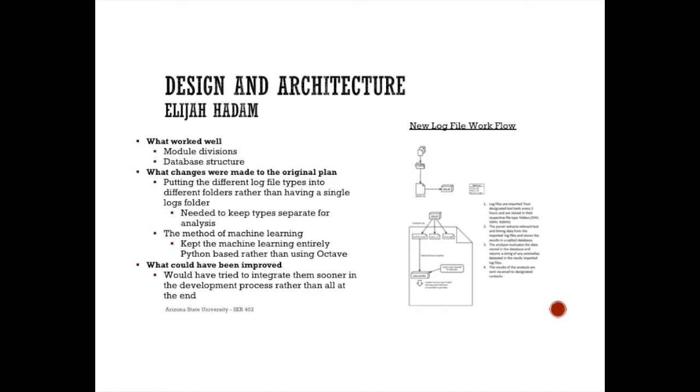The other area that we changed was the method of machine learning. Initially, we had been leaning toward using Octave since that's what our sponsor had recommended. But upon researching it more, we determined that Octave really was too heavy for what we were trying to do, and so we decided to keep it entirely within Python.